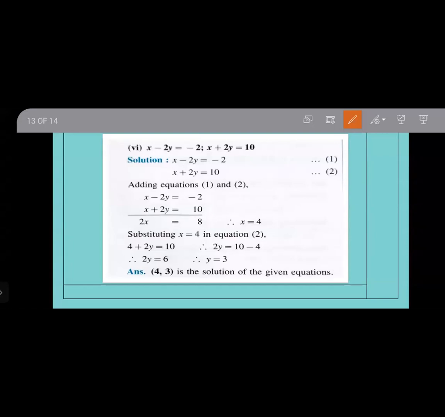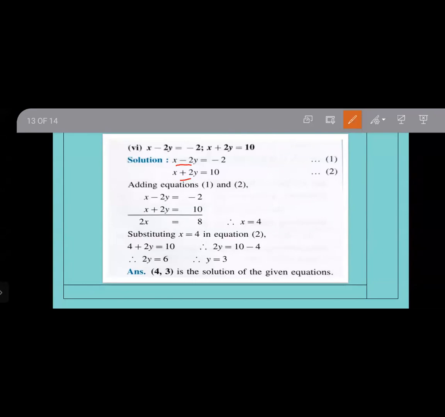So adding equation 1 and 2, simple addition. Why are we doing addition? Because the signs are already different. If you subtract, the sign will get changed, that you know.